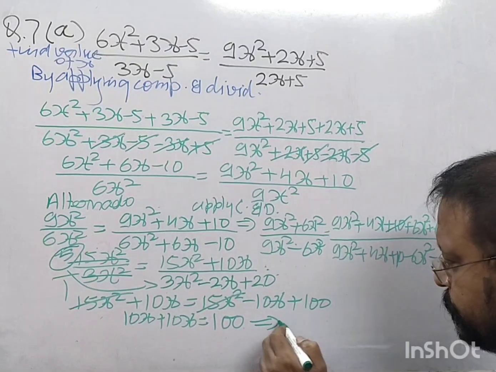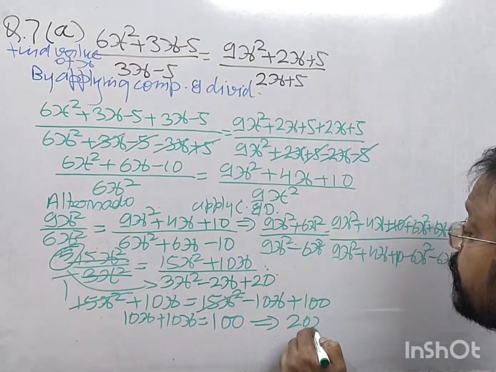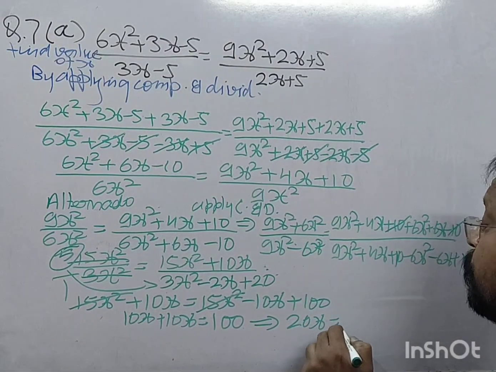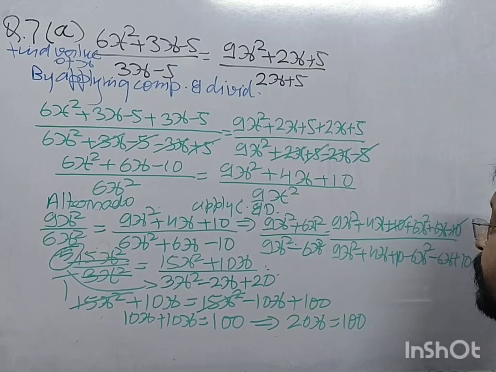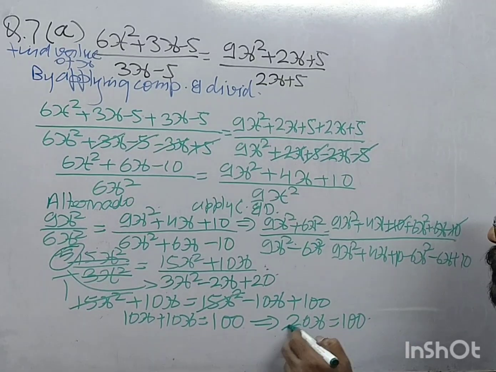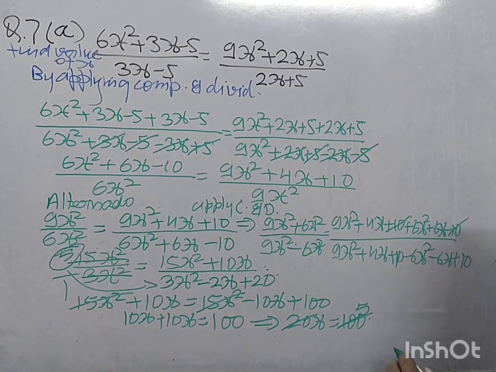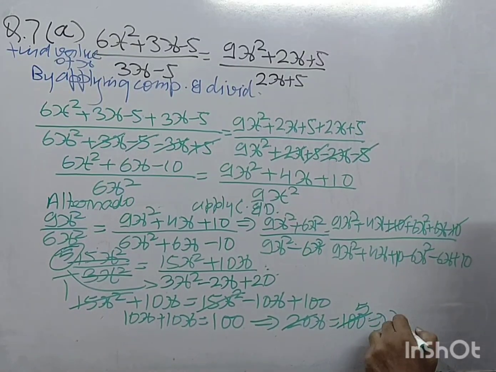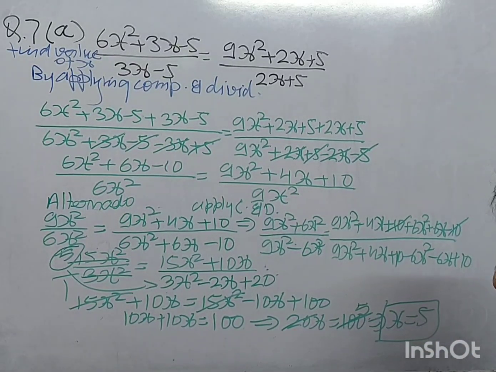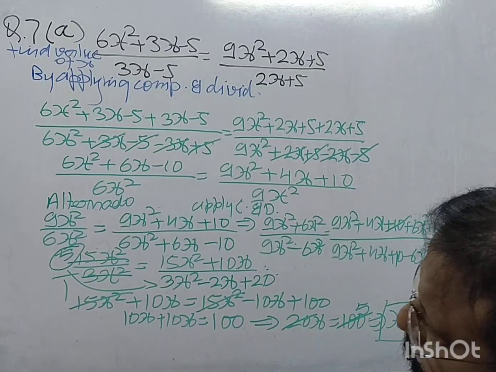So you get 20x is equal to 100, so x is equal to 5. Get it? x is equal to 5.